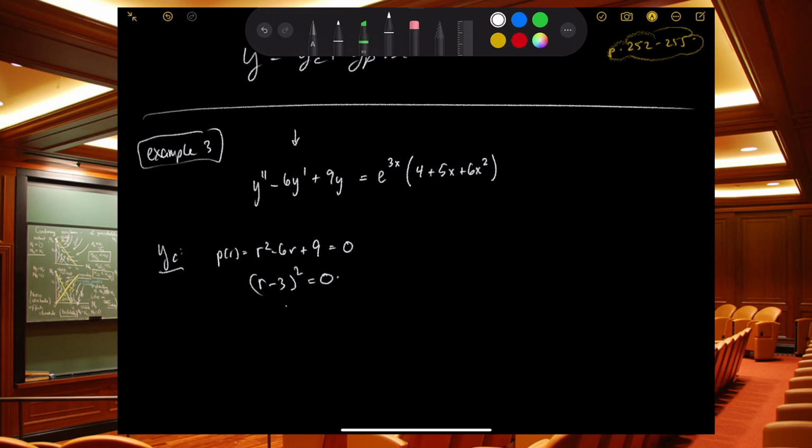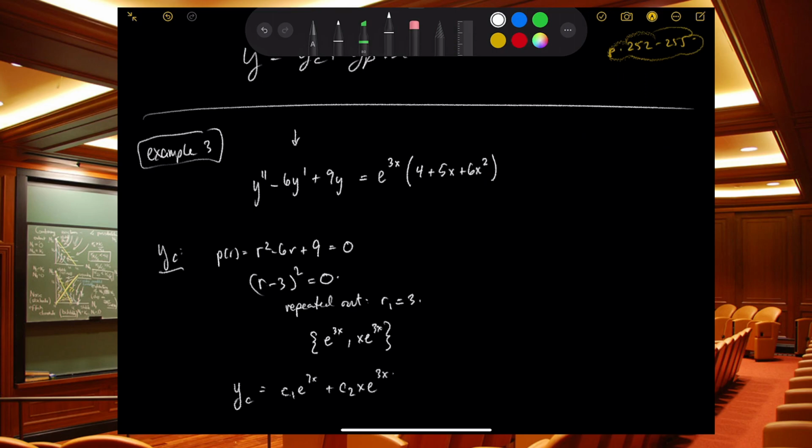So that tells us that we have a repeated root, r equals 3. So my solution set is e to the 3x and x e to the 3x. Then my complementary solution looks like c1 e to the 3x plus c2 x e to the 3x.